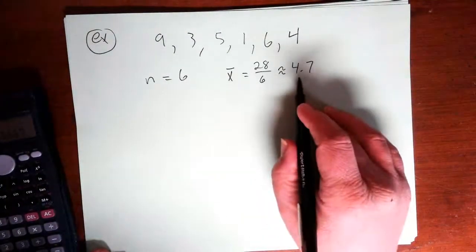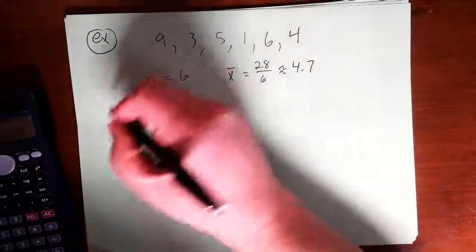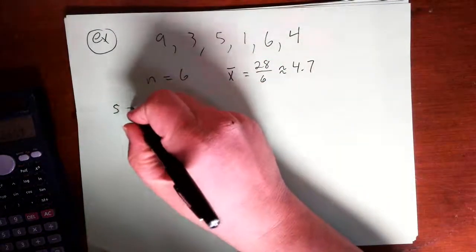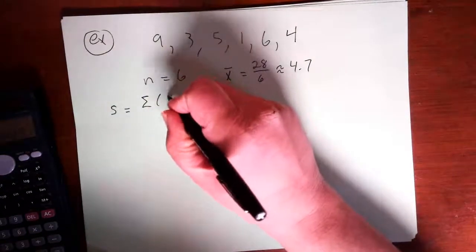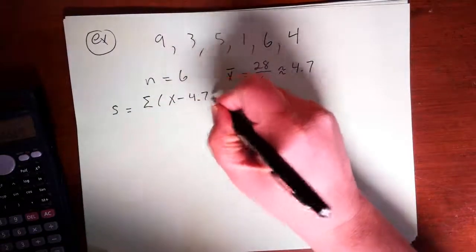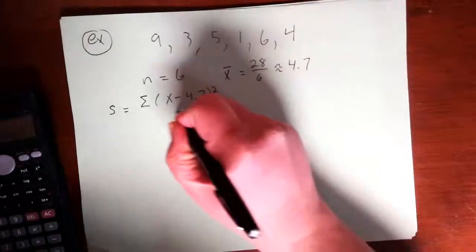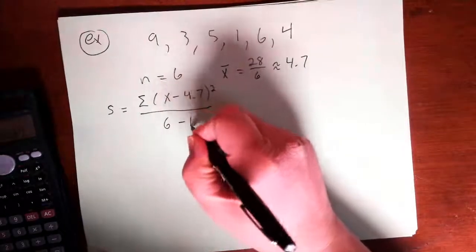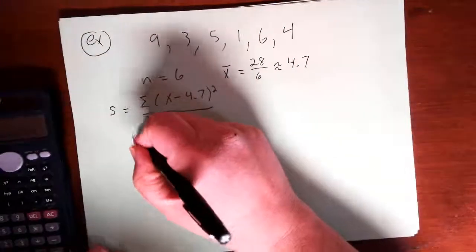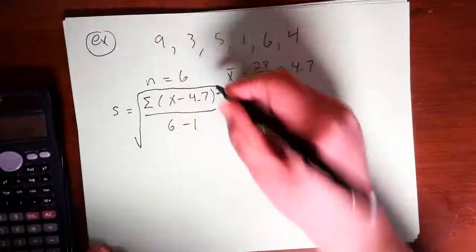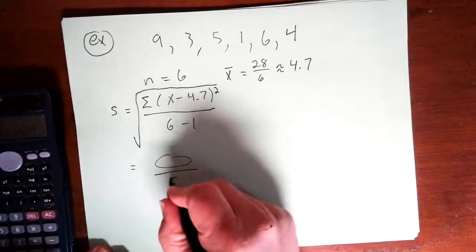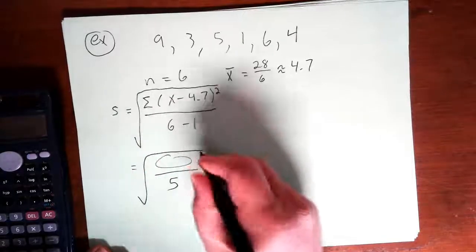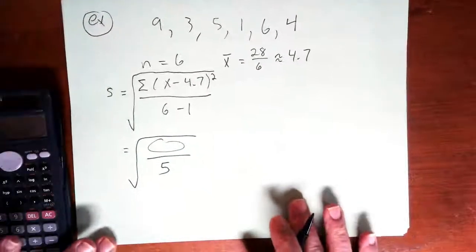So it doesn't come out evenly, okay? But I can still do it. It's just a little more tedious here. So it'll be the square root of the sum of x minus 4.7 squared, all over 6 minus 1. So whatever I get for the top there, I divide by 5, and then I take the square root.